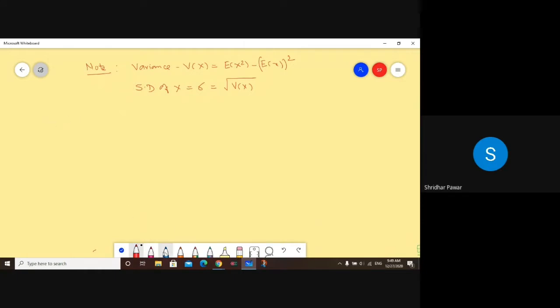See the example. Example 1. A random variable x has the following probability distribution.